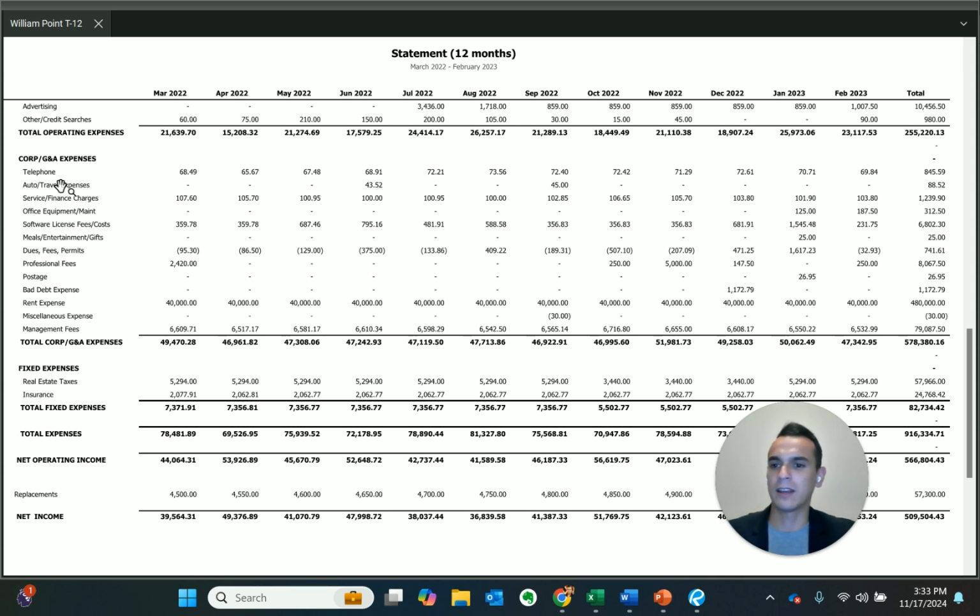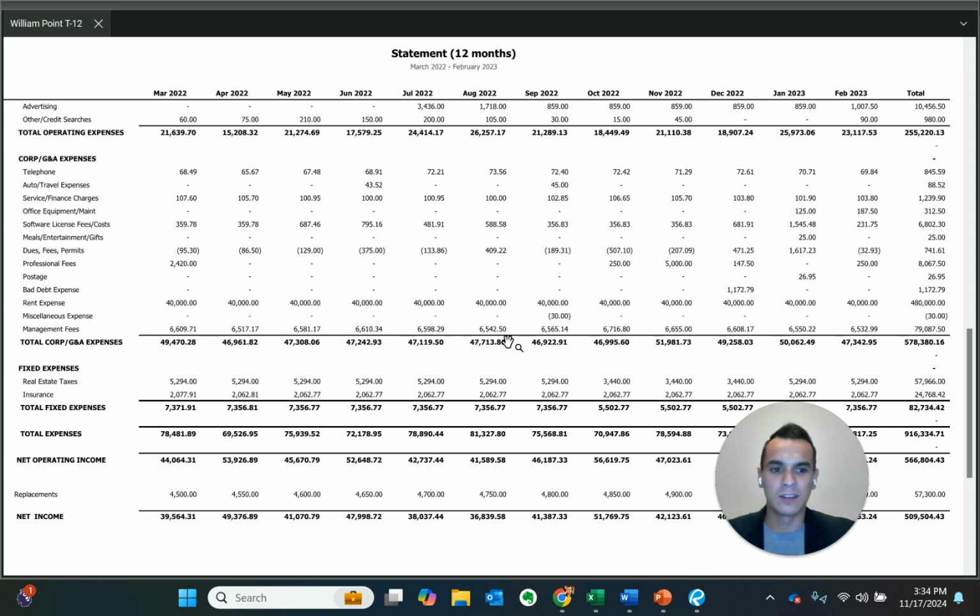What subscriptions do they need? You can see here phone, auto travel, service finance charges, equipment, software, meals, dues, professional fees, postage, bad debt expense. This is obviously for if you have delinquent tenants, had a little expense there in December of 2022.